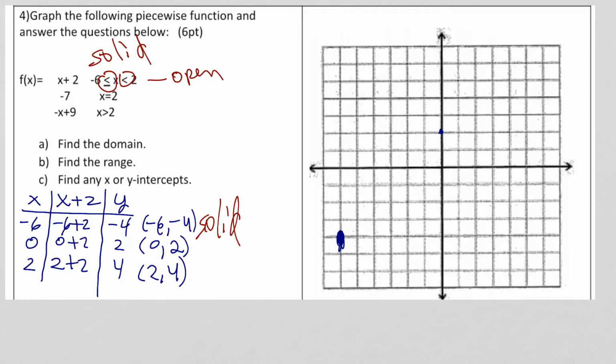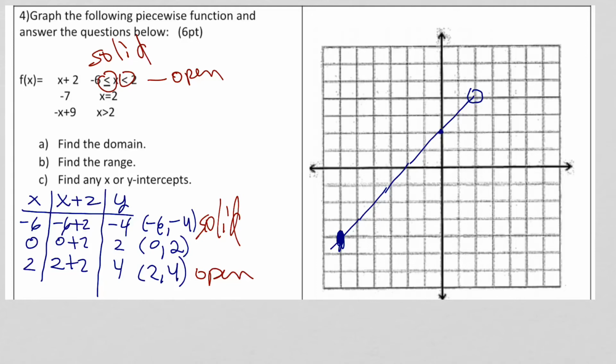So at 2, 4, it's going to be open. Oh, shoot, I didn't do what I said. Open, as best as I can. I don't have a ruler on this thing. Now I'm going to connect as best as I can. Use a ruler as best as you can, because they're asking for x and y intercepts. There is the graph for the first one.